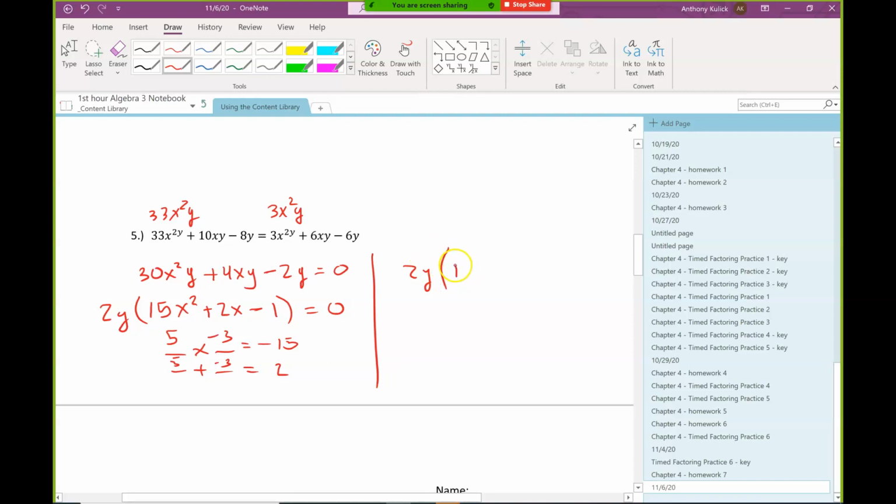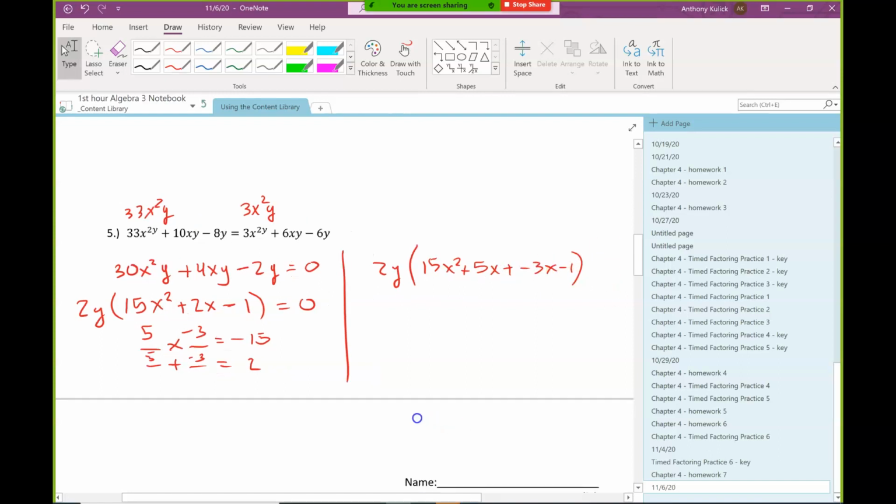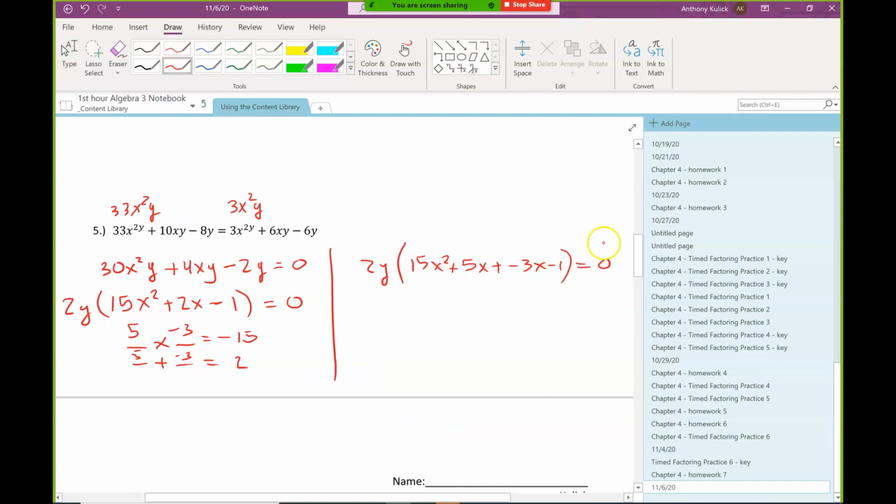So I'm going to rewrite this as 15x squared plus 5x plus -3x minus 1. I'll make my two groups. From the first group, I can take out a 5x. And then from the second group, I can take out a -1.